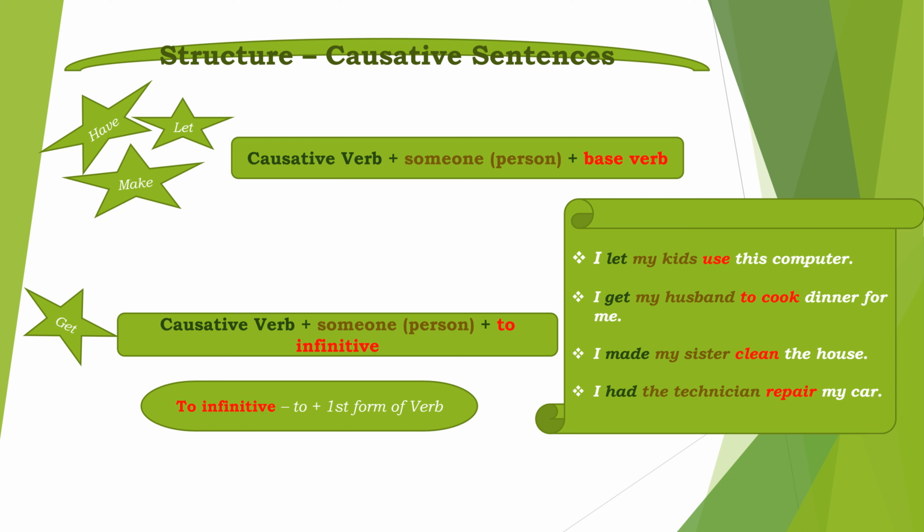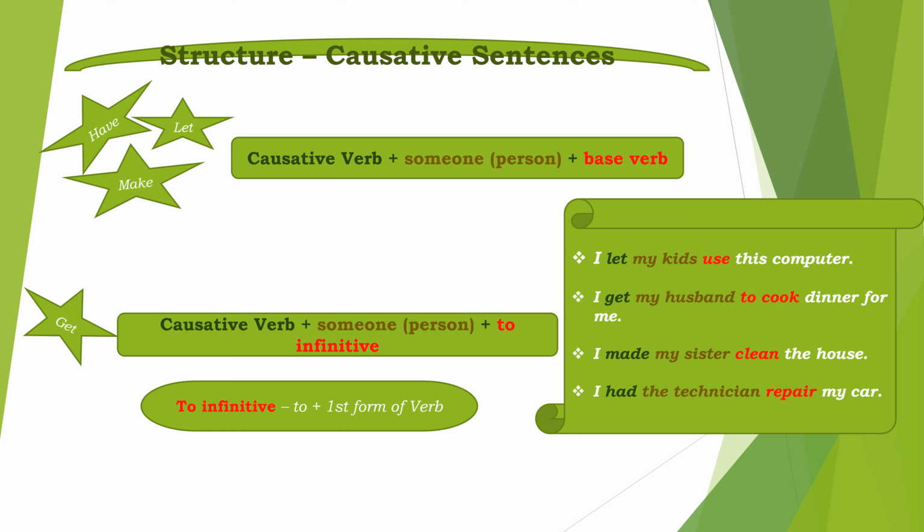I is a subject. Let is a causative verb. Someone, my kids, is someone, the person. Use is first form of verb, the base verb. So let is taking the first structure. This computer is the rest of the sentence.